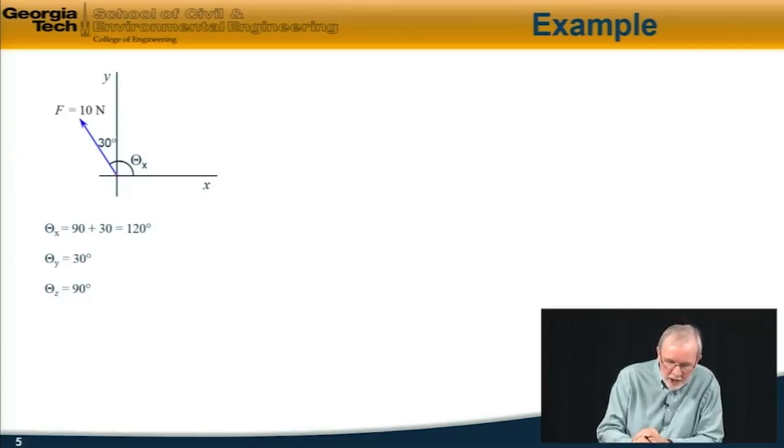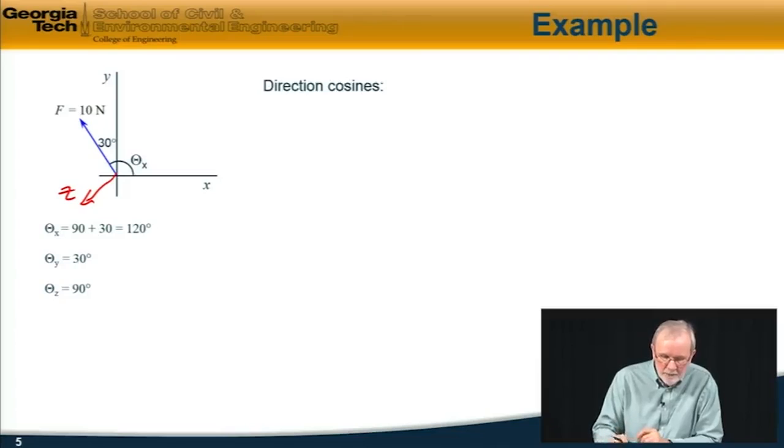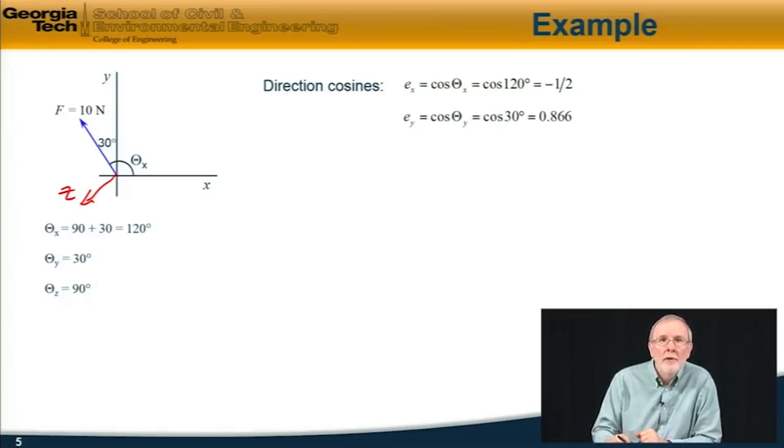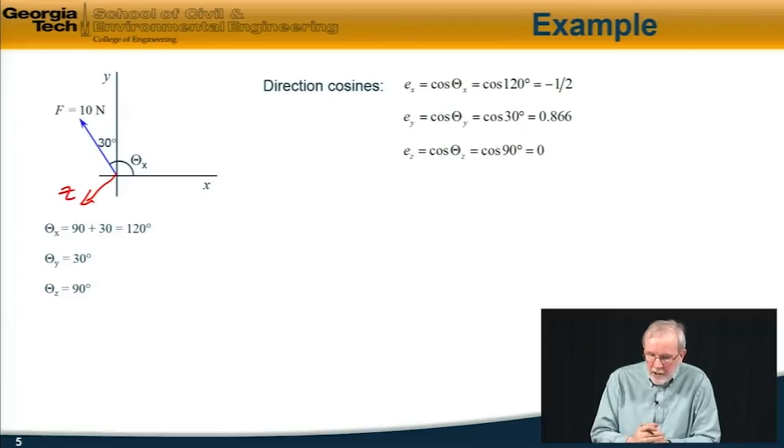So the z-axis in this case is just coming out in this direction. The direction cosines are, by definition, ex is cosine theta x, is cosine 120 degrees, is minus 1/2. Ey, cosine theta y, is 0.866, and Ez, cosine theta z, is 0.